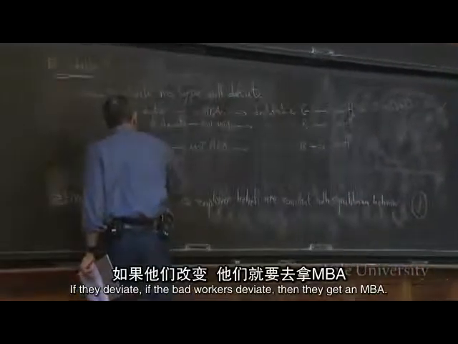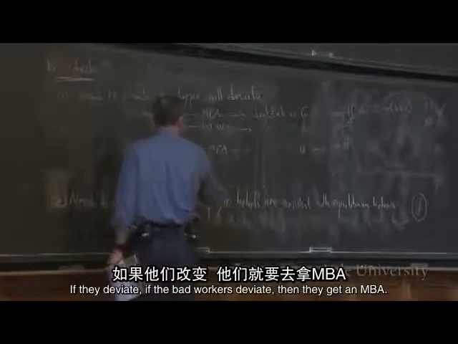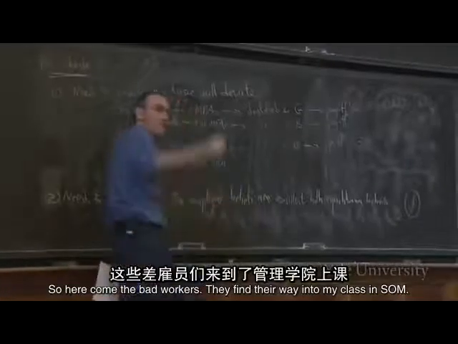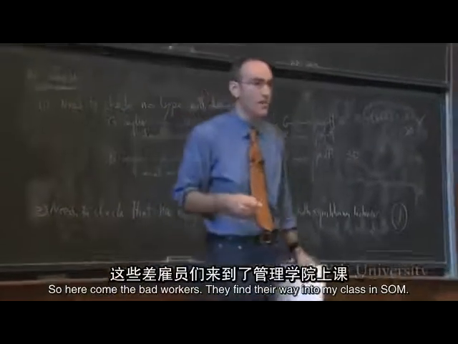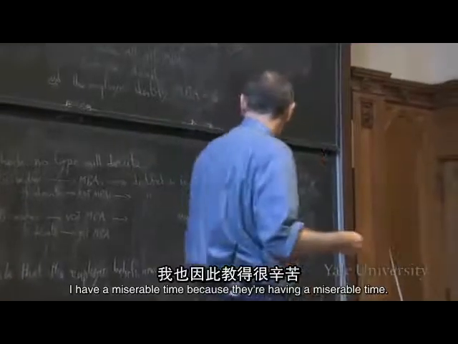If the bad workers deviate, then they get an MBA. So here come the bad workers. They find their way into my class in SOM. They have a miserable time. I have a miserable time because they're having a miserable time.